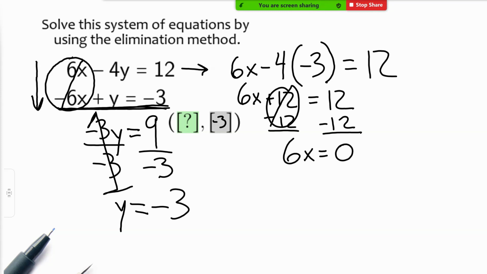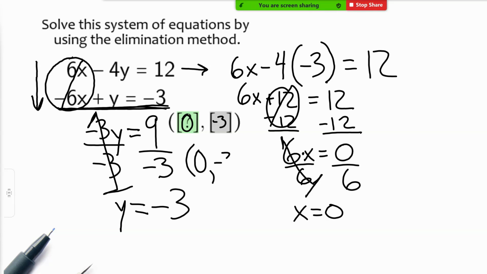Don't discriminate against it. Now I need to get rid of the 6. How do I get rid of a multiply by 6? I divide by 6. What I do to one side, I do to the other side. 0 divided by 6 is 0. All right. I found my answer, 0, negative 3.